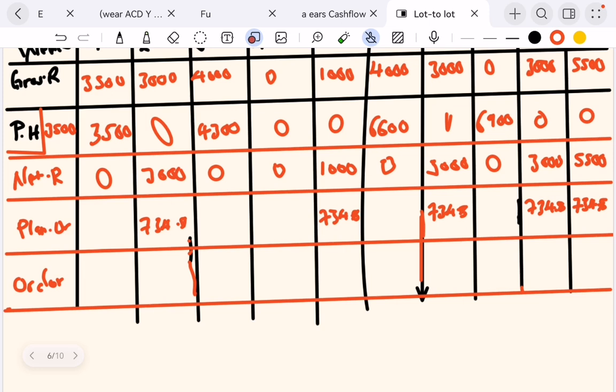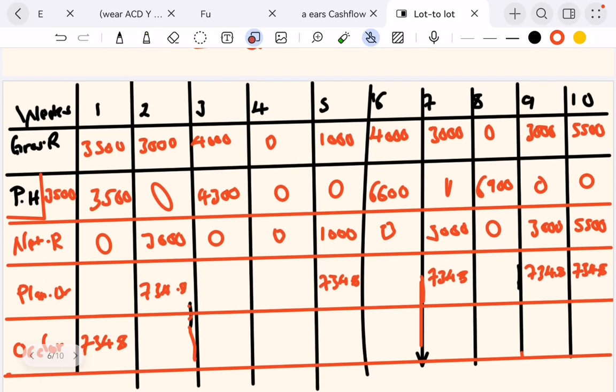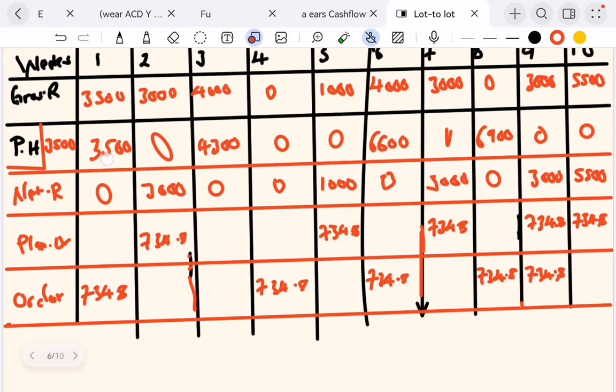So it will be 734.8 here. Here, where it is in week 5, it will come in week 4. 734.8, 734.8, 734.8. Even here, 734.8. So that's how we needed to find for this. Hope it's clear.